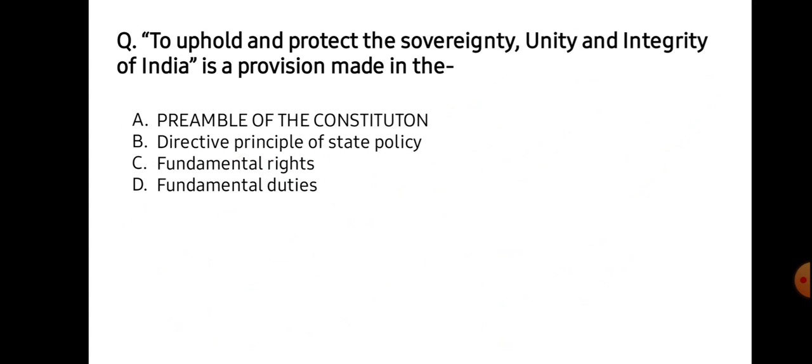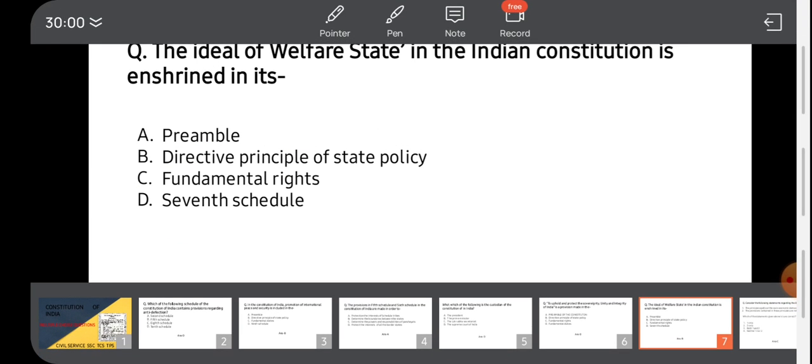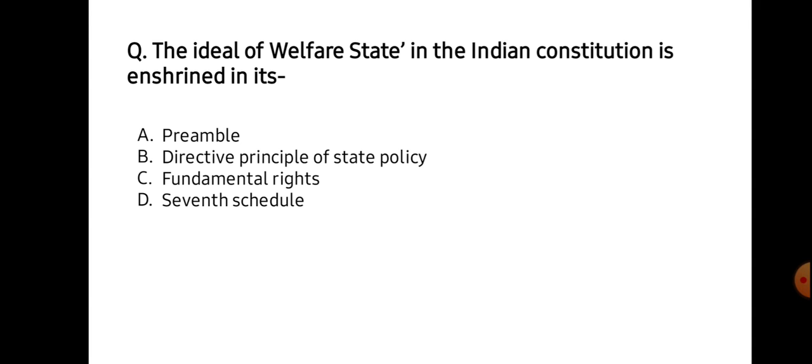To uphold and protect the sovereignty, unity and integrity of India is a provision made in what? The answer is D, that means fundamental duties. Now the next one: the ideal of welfare state in the Indian Constitution is enshrined in its directive principle of state policy.